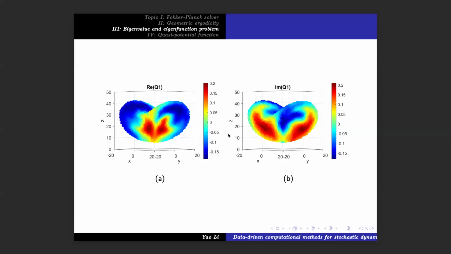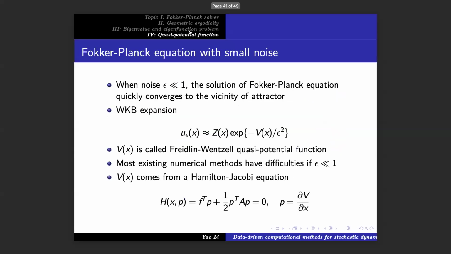So that's a non-trivial extension: starting from the Fokker-Planck solver, it turns out that we are able to also get the eigenvalues and eigenfunctions. Okay, then the last thing is about this singular Fokker-Planck equation.